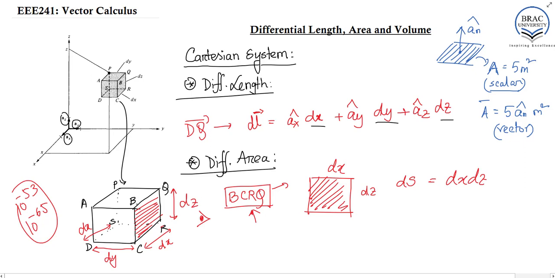Now we are treating the BCRQ rectangular area over here, and we just found out its value. Now if we were to treat this area as a vector, then the direction of the vector should be perpendicular to this surface. So if you look at this picture, the perpendicular direction to this surface would be directed along the y-axis.